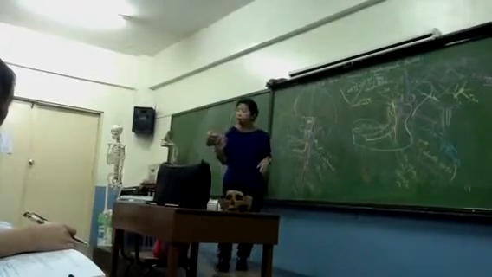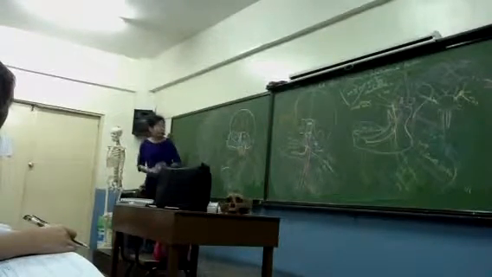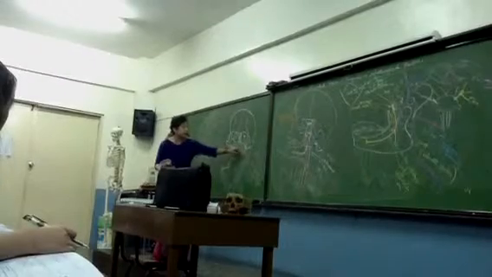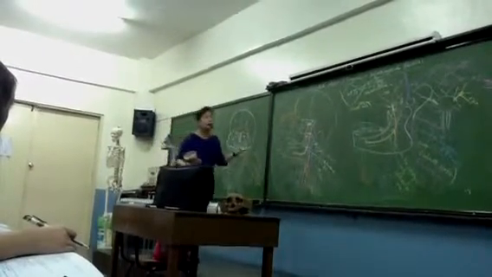Right? Okay. So what about the infratemporal fossa? What are the muscles that you find here? Lateral pterygoid. And this? Medial pterygoid. What nerve do you find here?